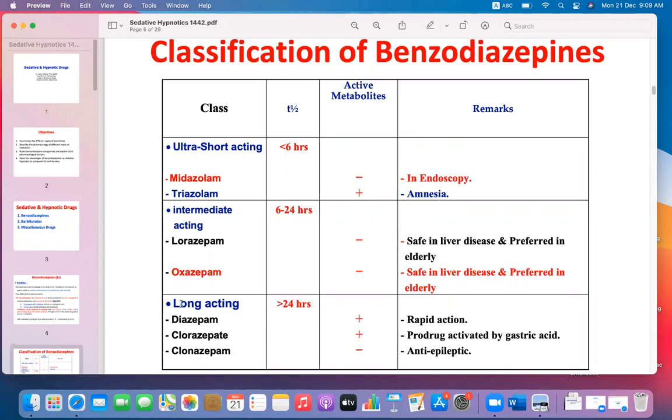The common suffix for benzodiazepines is zepam: lorazepam, diazepam, clonazepam. When the last name is zepam, these are from the benzodiazepines. Chemically, they are called benzodiazepines.